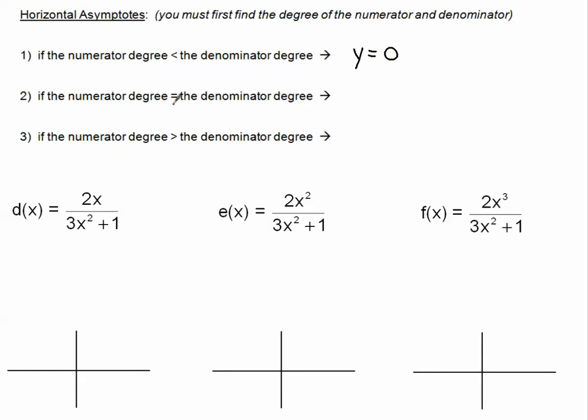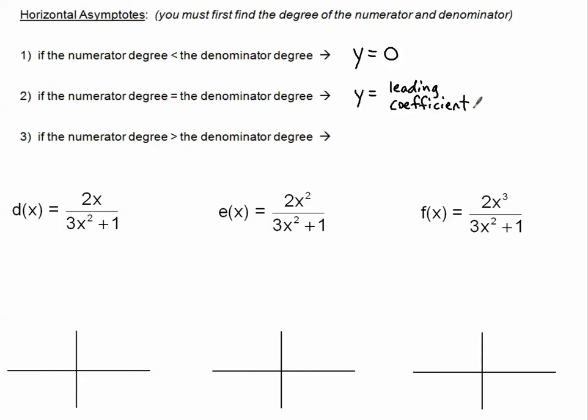If your numerator's degree is exactly the same as the denominator's degree, then you will take y equals the leading coefficient. There's a leading coefficient in the numerator and in the denominator. Y equals that main leading coefficient would be your horizontal asymptote there.